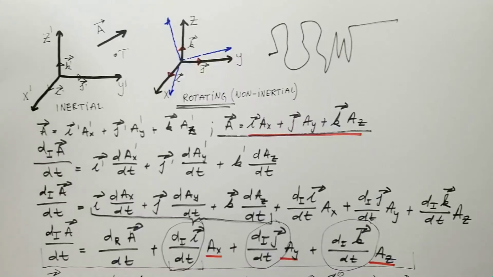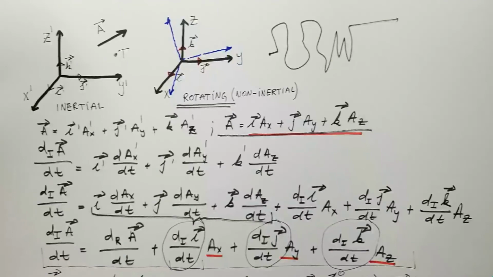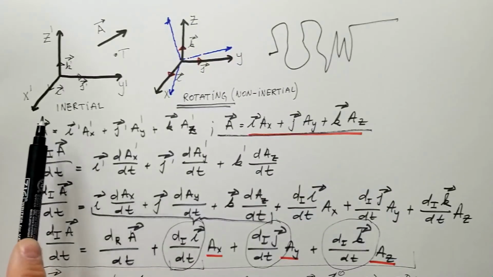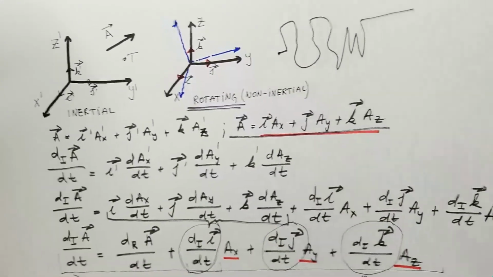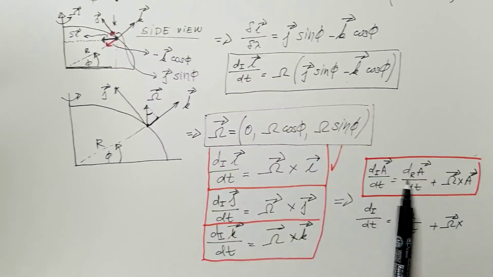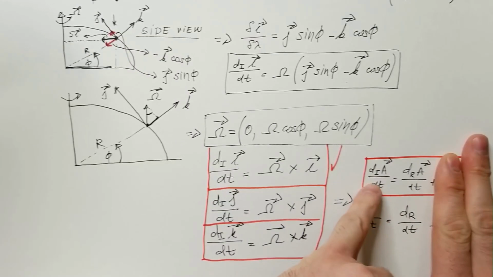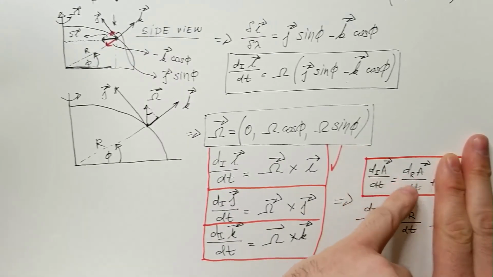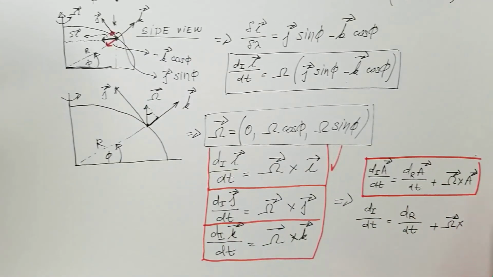If you are looking at a vector, then it matters so much if you are looking from inertial, rotating, or some crazy coordinate system. And you can clearly see that from here. If I don't have a vector, if I have a scalar, then this term disappears. And look, the derivative of a scalar in inertial and rotating reference frames is the same. But when I have a vector, I get this term here that makes everything nasty.